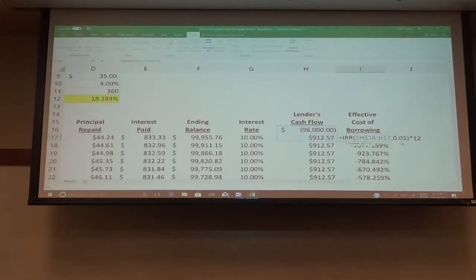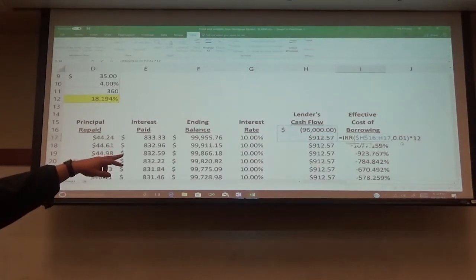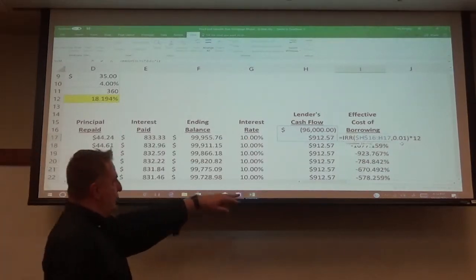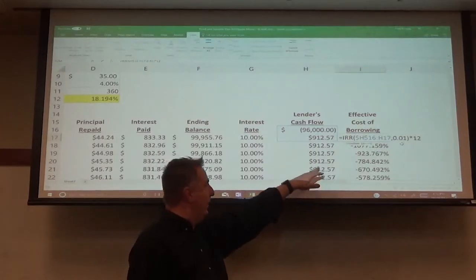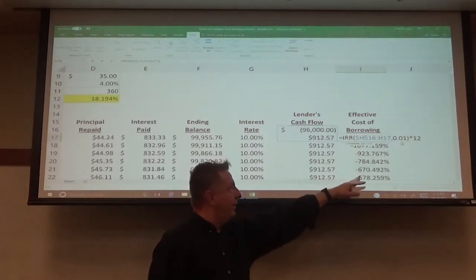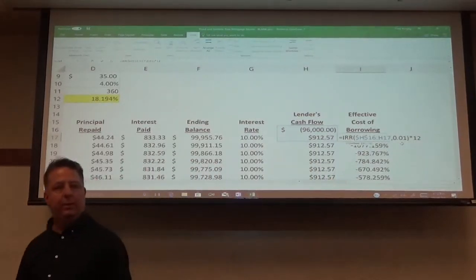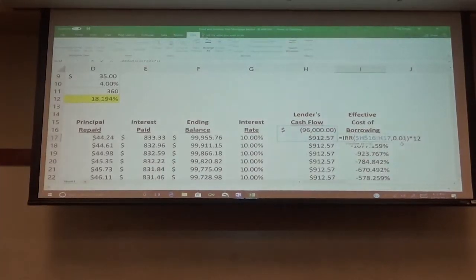I'm trying to think of what it could be, but it shouldn't be, because what's being pulled for the effective cost of borrowing is just the information from this column only. So if this column is matching up, then I got 18.1881.